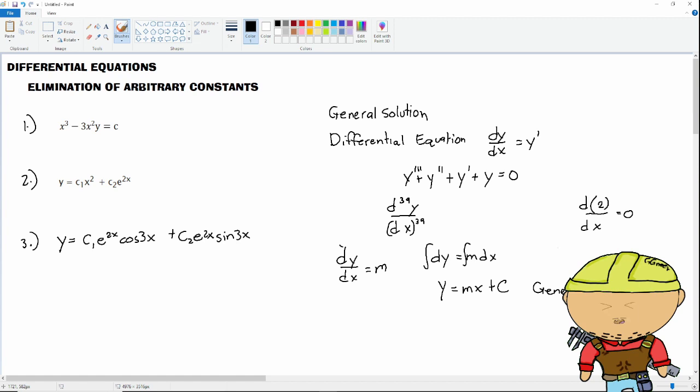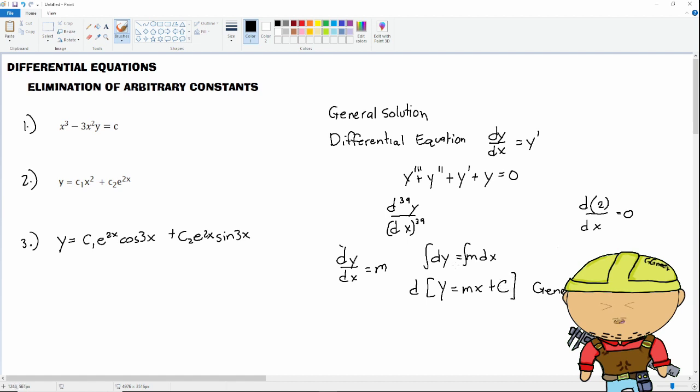If your differential equation dy over dx is integrated once, you will have your general solution with one arbitrary constant. Vice versa, if we differentiate your general solution, it will eliminate your arbitrary constant.